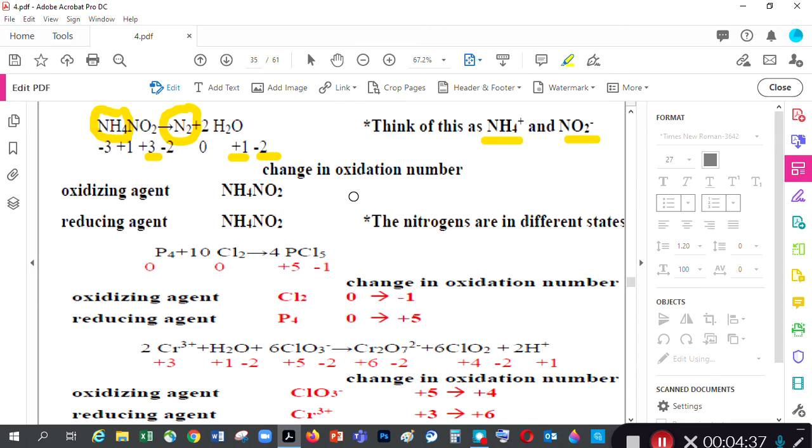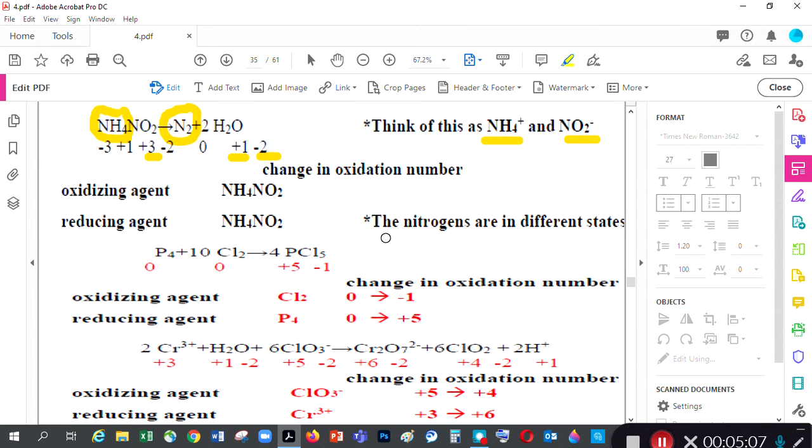Now, what's happening here with ammonium nitrite is that of the 2 nitrogens, one of them is oxidized and one of them is reduced. The nitrogen in ammonium goes from -3 to 0. This is oxidation. The other nitrogen in the NO2 minus, from +3 to 0, is a reduction.